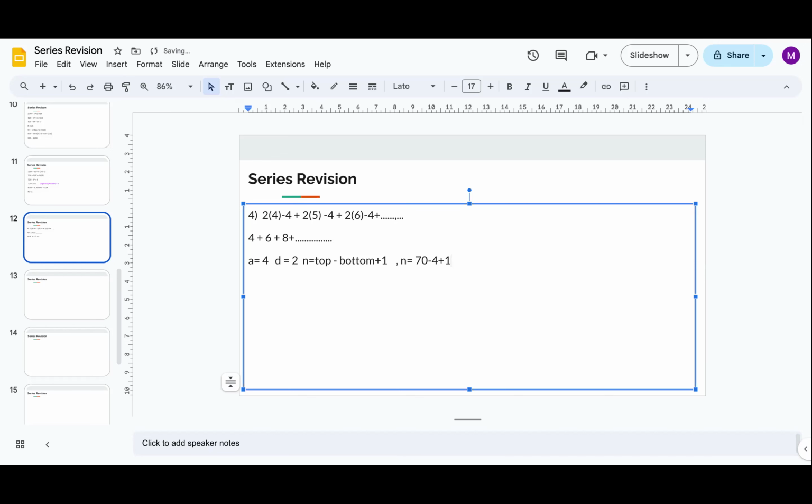And that should give you that n is equal to 67. Great. Now we have everything we need to evaluate the sigma notation that we've been given.